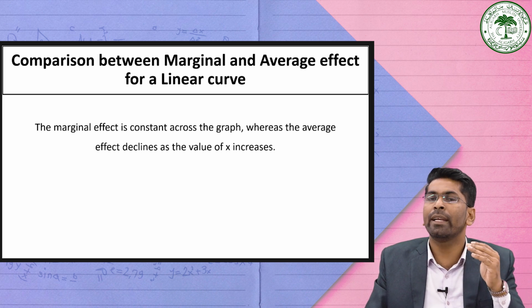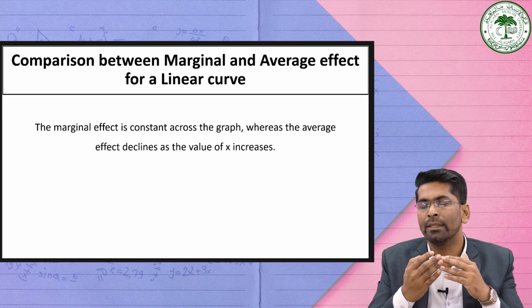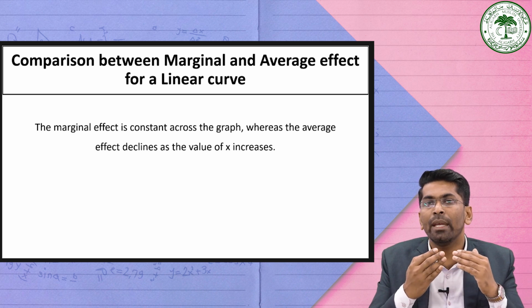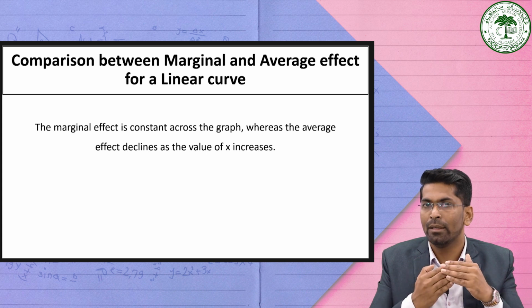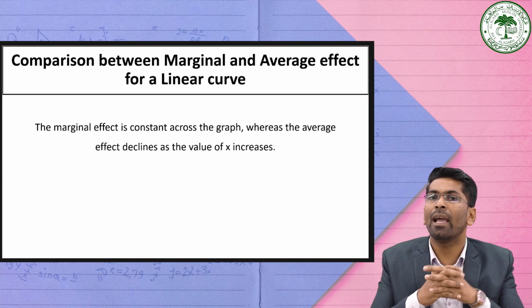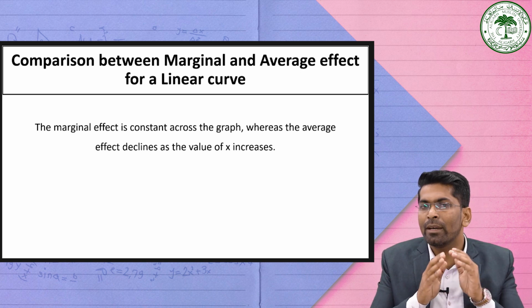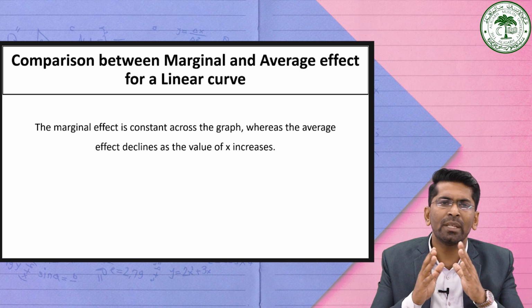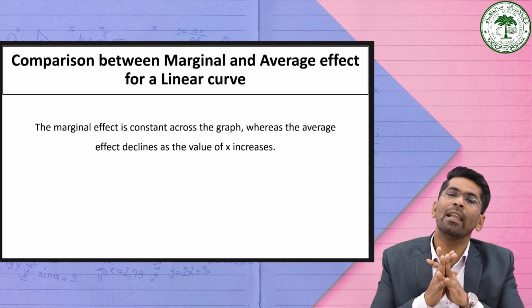That means as per the Keynesian psychological law of consumption, as your income increases, the proportion of increased income spent on consumption is declining, which is actually capturing the average effect. But in the case of the marginal effect, it is constant across the curve. I hope you understood the differences between the marginal effect and average effect of a linear curve.